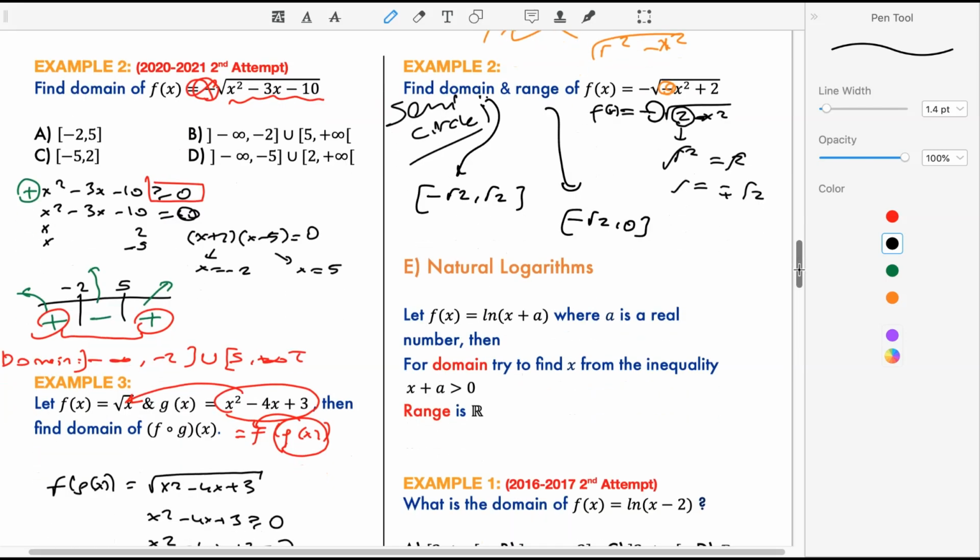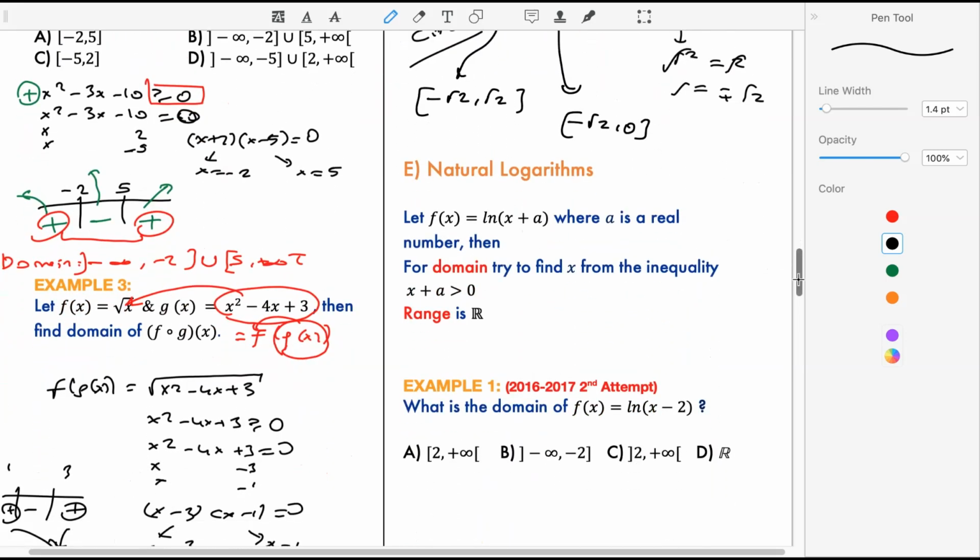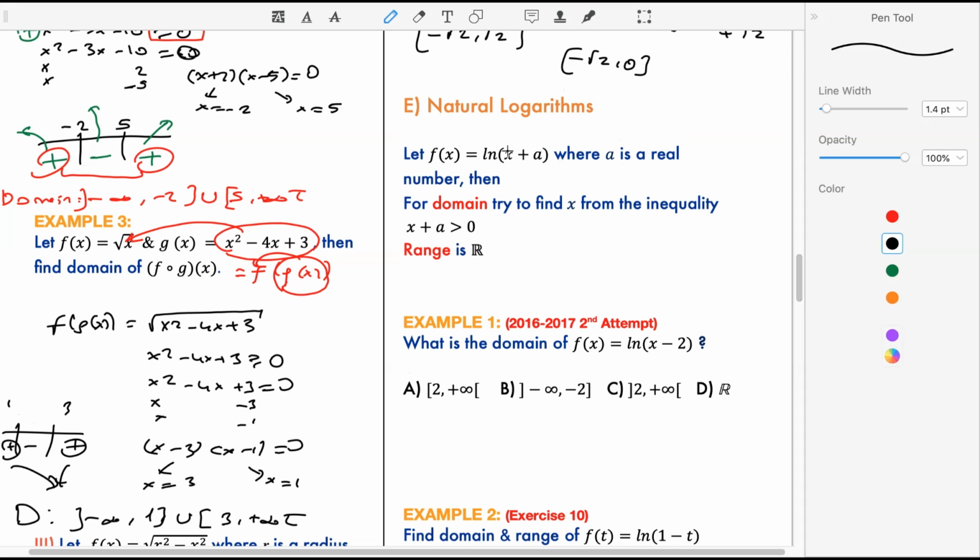Another function, another rule: natural logarithms. We studied this in grade 11. So for the domain of natural logarithms, you take the stuff written with ln and set it as greater than 0. Remember the ln function? It was like this.